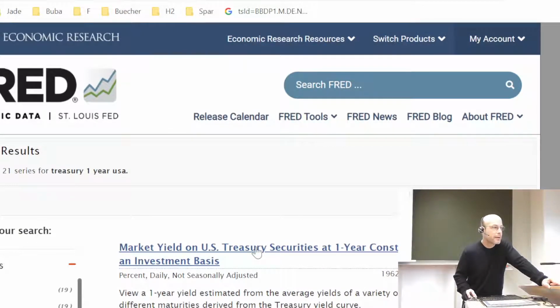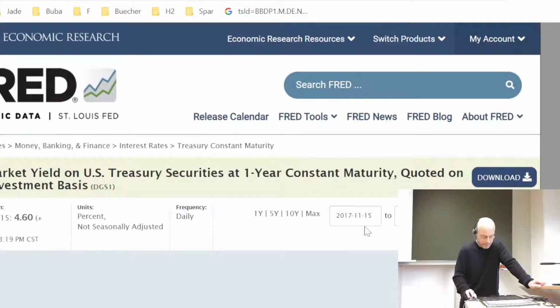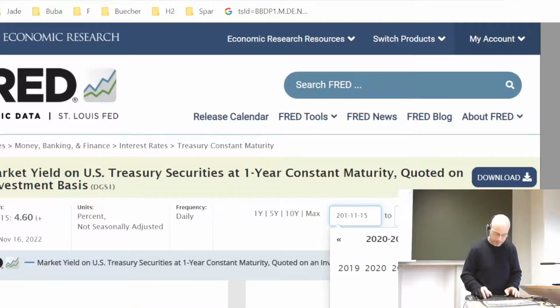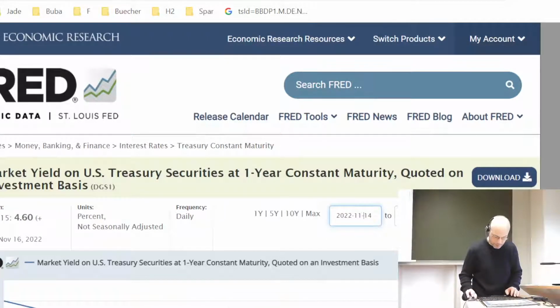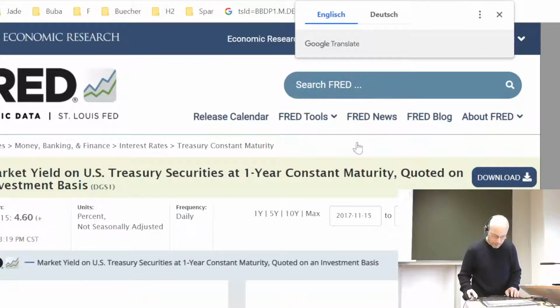So this we can interpret as the short-term interest rate in the United States. Clicking on this, and then we want to have a long time series. So let's take here the 1960s. Oh, not 22. Again.